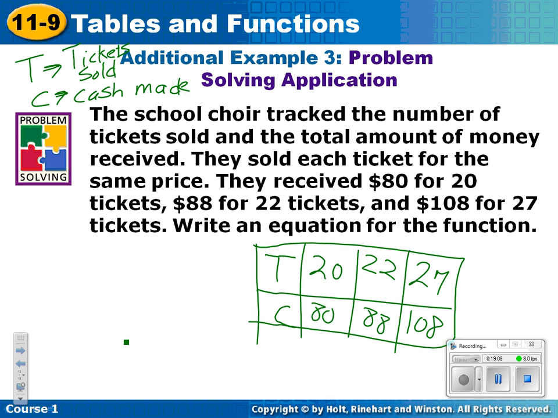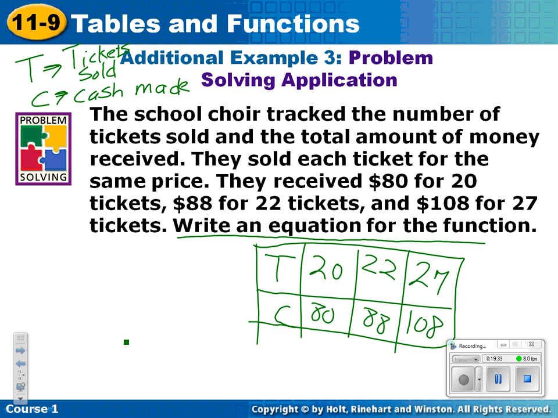Now, the question is, write an equation for the function. We need to figure out, this is just like X and Y. What are we doing to this to get that? Tell me, Ann. Times 4. Let's see if it works.